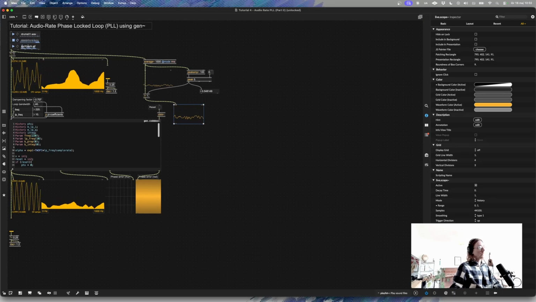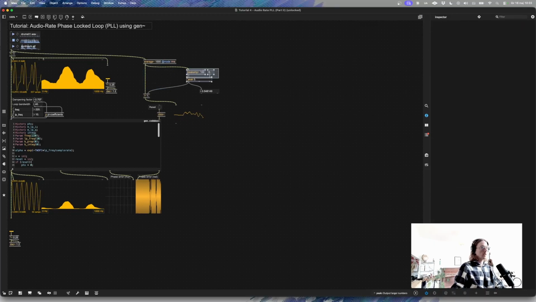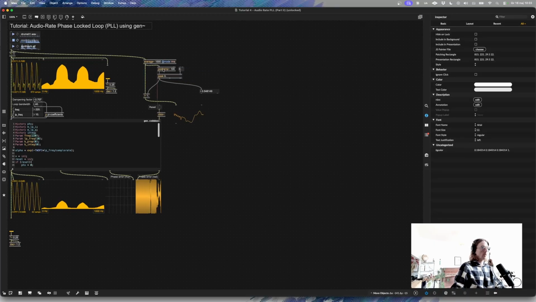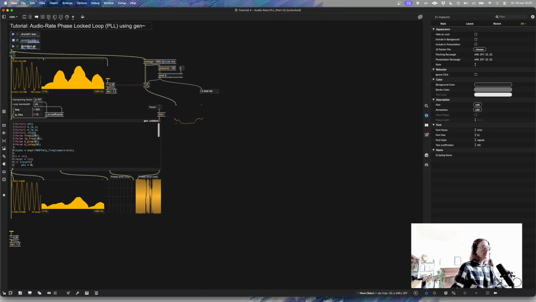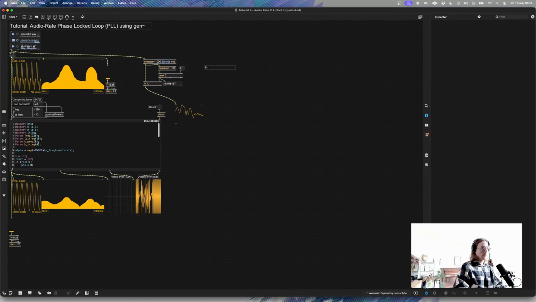And if we send another audio sample here, we need to reset this maximum to recalculate it. So that is one way to create an envelope follower, essentially. So this is envelope follower.